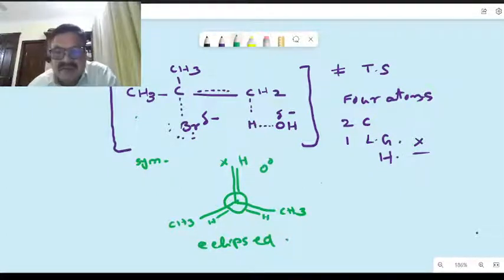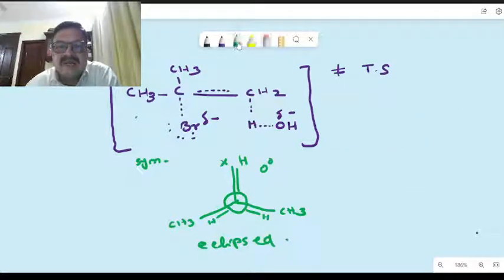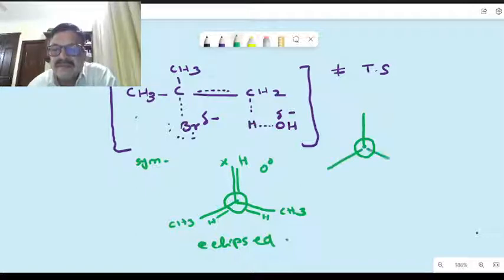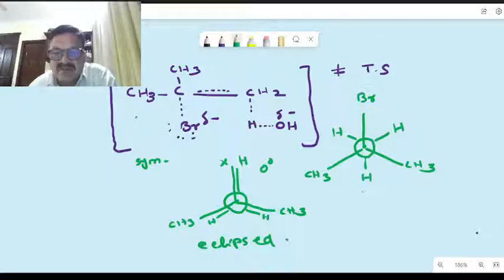Now if you draw the other one, that is the staggered conformation here. This is a staggered one.